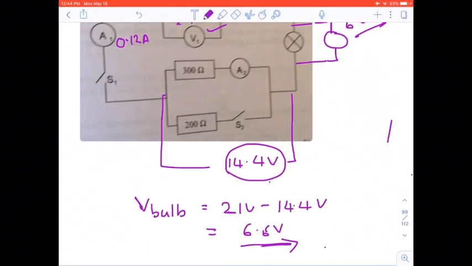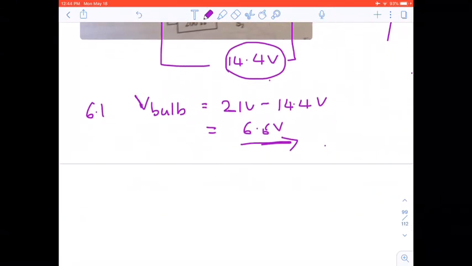Right, now question 6.2 says calculate the equivalent resistance of the parallel resistors.